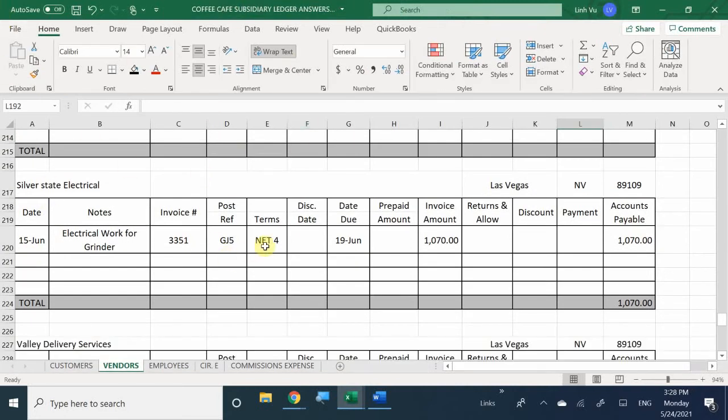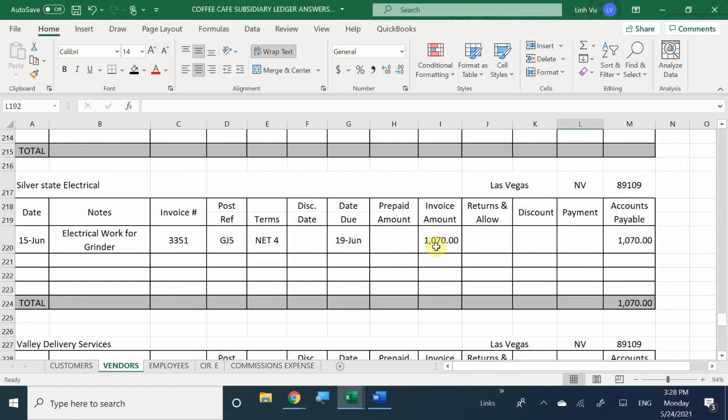It says net 4, so it's due on the 19th of June. And guess what today is? It's the 19th of June. It shows that you have a full invoice amount of $1,070 that you owe to Silver State Electrical. So your subsidiary ledger should hold all of your information to keep track of all of your bills and things like that. Perfect.